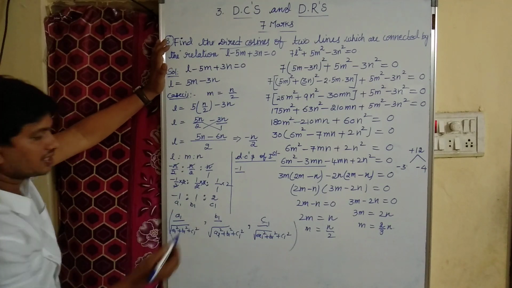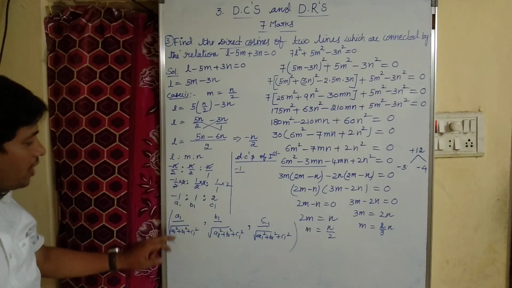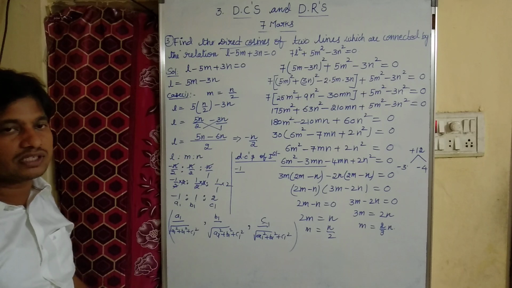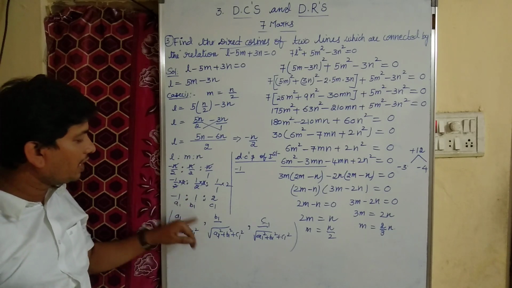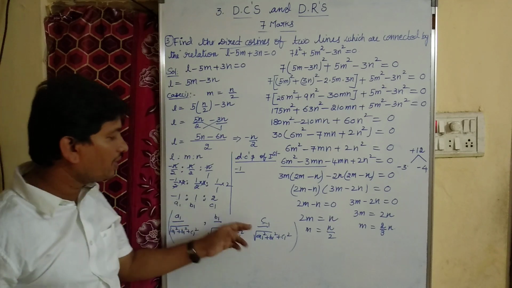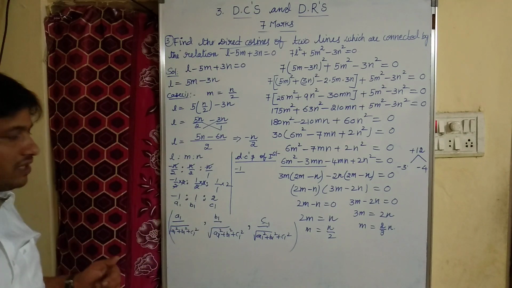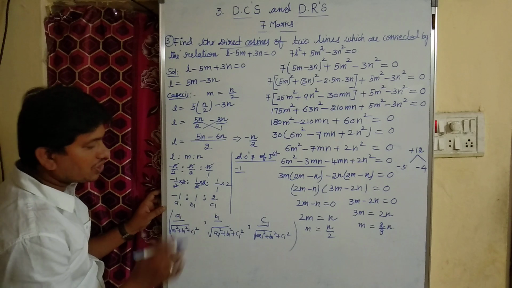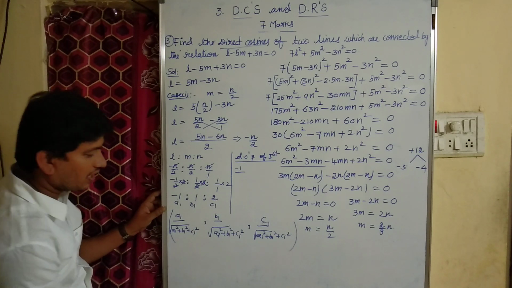to find the DCs. A1 by root over A1 square plus B1 square plus C1 square, comma B1 by root over A1 square plus B1 square plus C1 square, comma C1 by root over A1 square plus B1 square plus C1 square. Okay, let us first find A1 square plus B1 square plus C1 square.